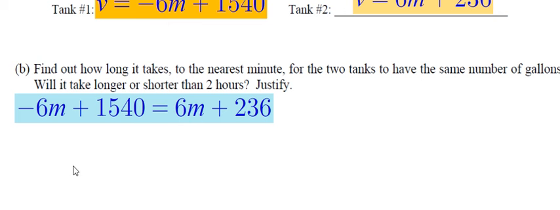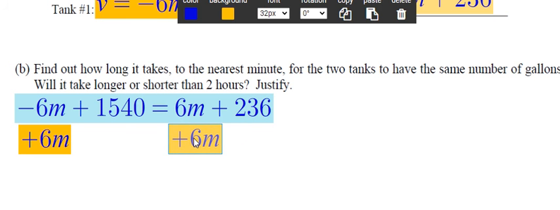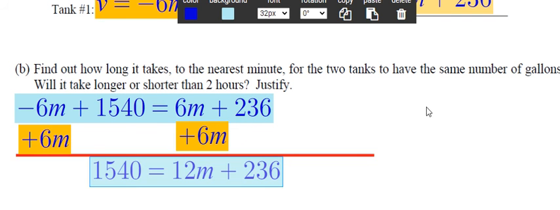So what we want to do is get rid of -6M. So we're going to add 6M to both sides of our equation. Now notice when we do that, the 1540 is all alone on the left, and 6M plus 6M is 12M plus 236.